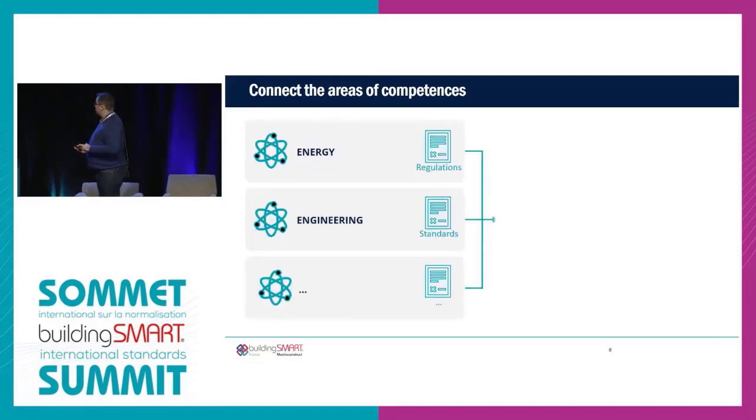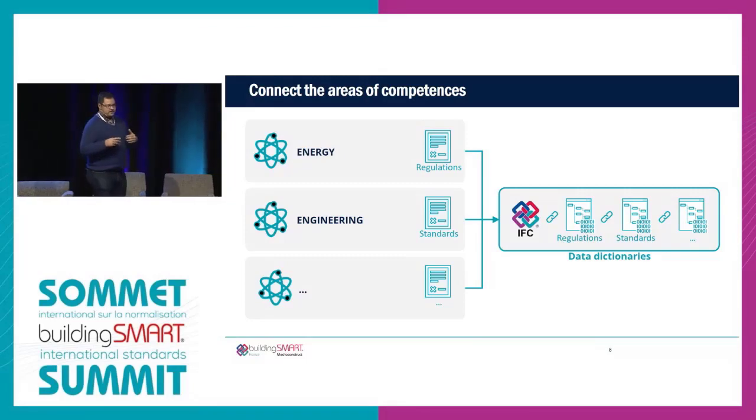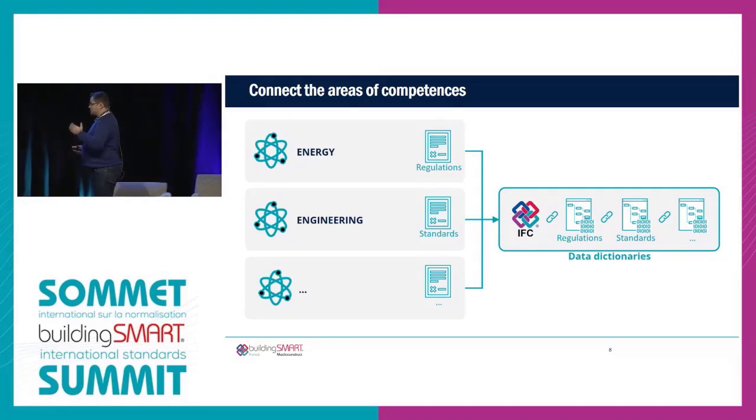What is important to understand, I want to repeat that: on a project, you don't have one semantic, you don't have one terminology used, you have a lot of terminologies. Sometimes you have different languages, and you can have a terminology from the regulations for energy, a terminology from the standards for engineering, and it is the same for other users.